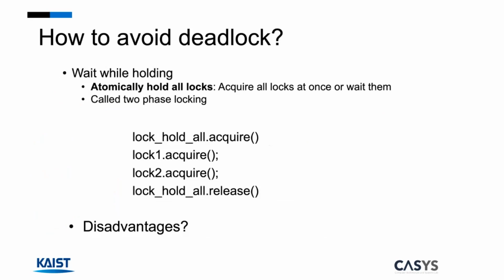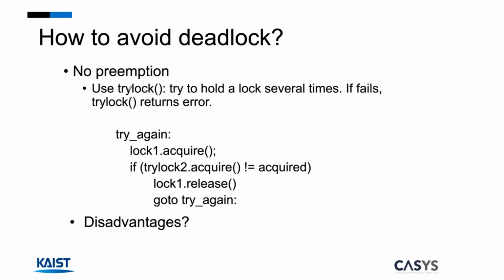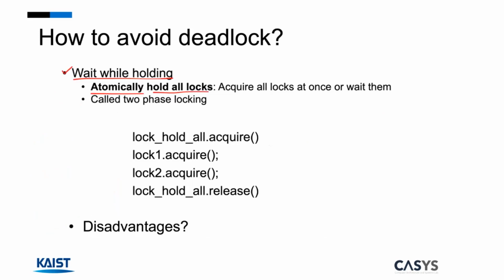The other way is breaking wait while holding. To avoid this, a common approach is atomically holding all locks. When you are executing a thread, you hold a lock at some point, and later, after executing some code, you hold another lock.